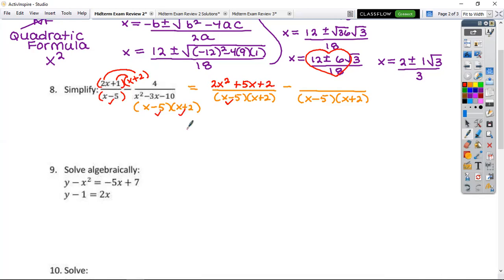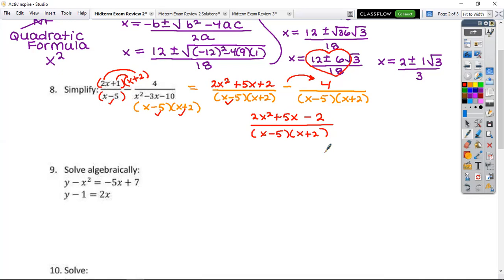You got them both. So the next thing you're going to do is just combine these together. So subtract that 4. So I get 2x squared plus 5x minus 2 all over x minus 5 and x plus 2.